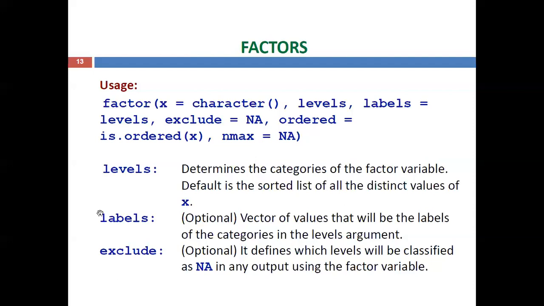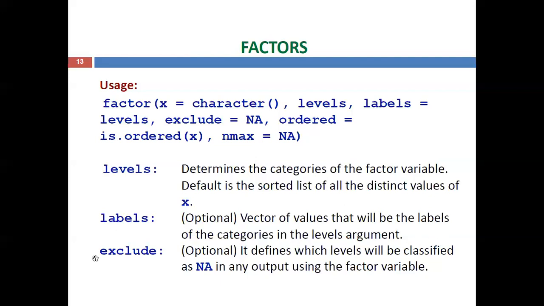Then labels is another argument which is optional. It is a vector of values that will be the labels of the categories in the levels argument. So whatever levels are defined, those can be labeled. Label means adding names.